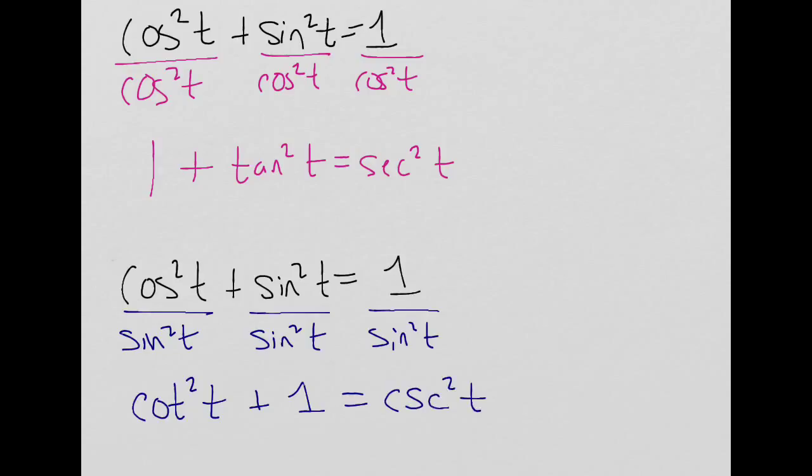So those are my three Pythagorean identities. Those are the three that they list in your text. And sometimes these can be useful if you know one function value for one of the trig functions and you need to find the others.